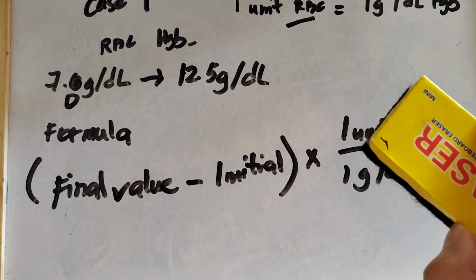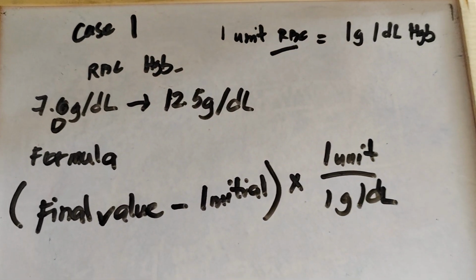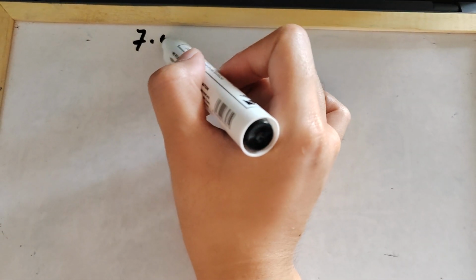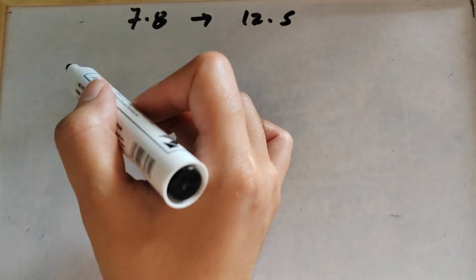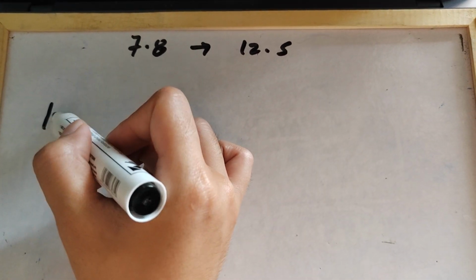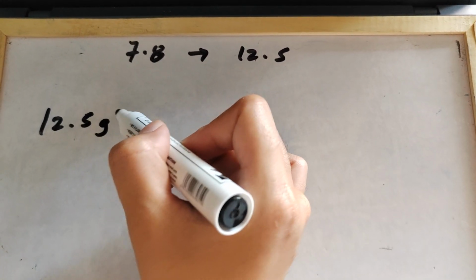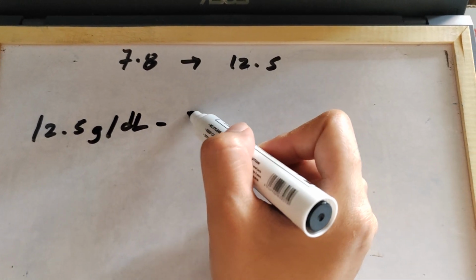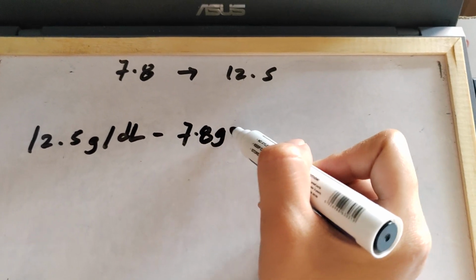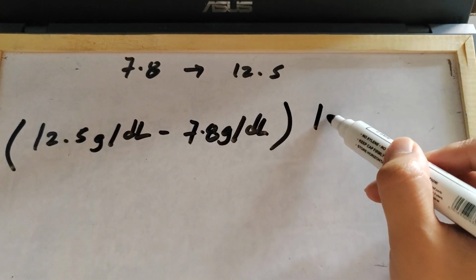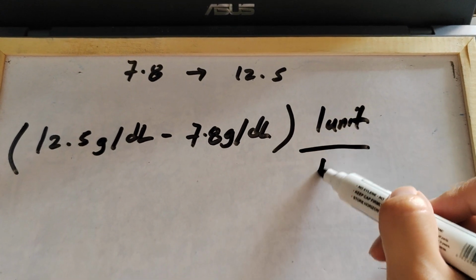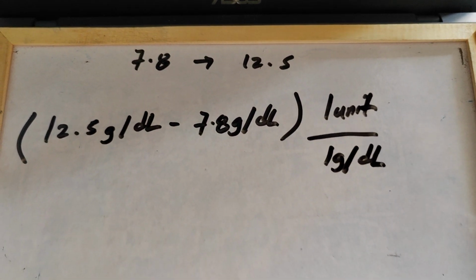I'll erase this first because I have no more space. So we have 7.8 again, and we want it to be 12.5. Let's put it in the formula: the final value that you want minus the initial, times 1 unit over 1 gram per deciliter.